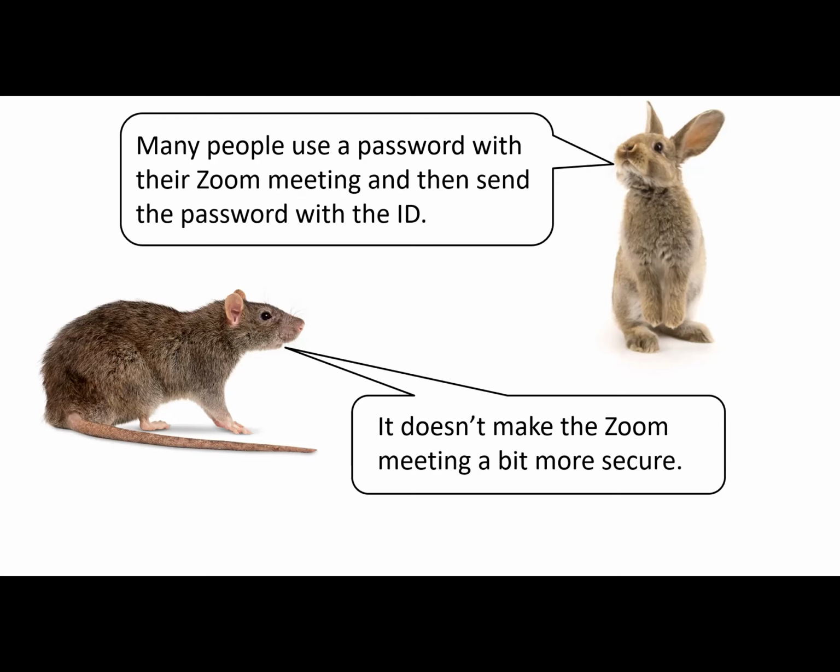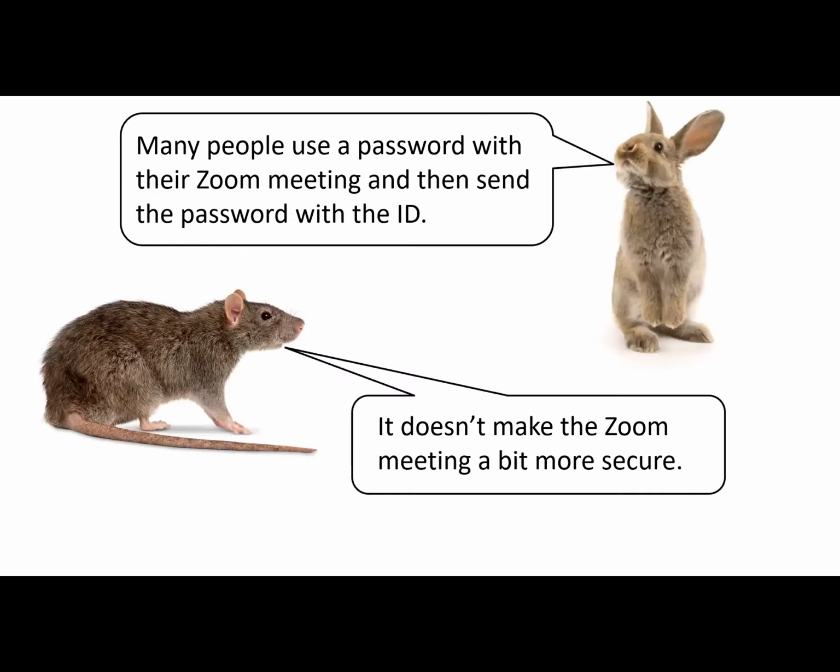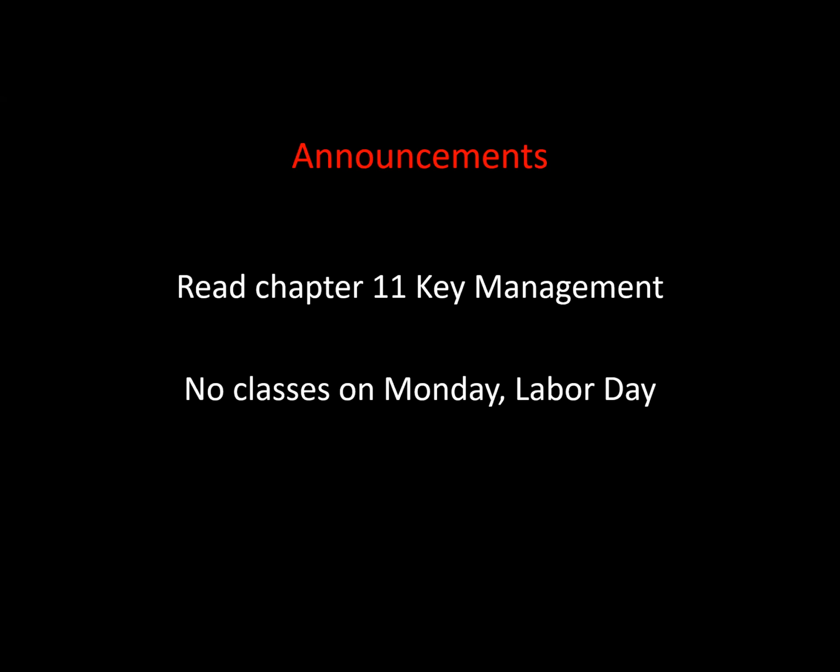If you press the Zoom button to say, send the key, it automatically creates an email with the password and the Zoom ID there at the same time you send it to somebody. So anybody who gets the ID will have the password. It's not secure. It makes you think it's secure. And that's 90% of the games. These companies come up with this stuff, and they want you to think that it's secure. The GCM algorithm is really secure and fast, but it's pointless if everybody knows the key.